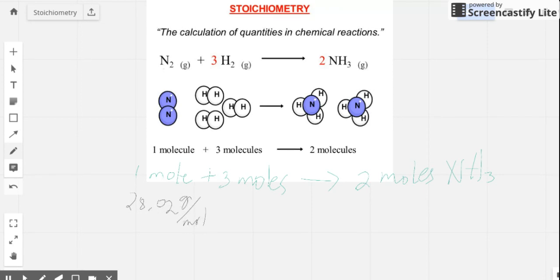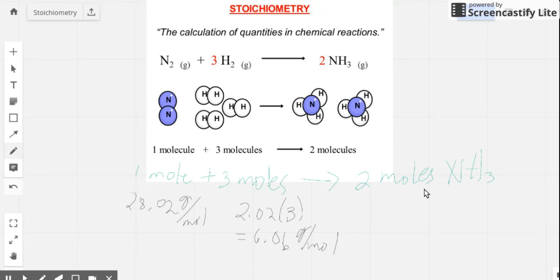So for 1 mole of N2, I need 28.02 grams. If I need 3 moles of H2 gas, how much should I measure? For every 1 mole of H2, that is 2.02. But there are 3 moles, so I multiply it by 3. That means I need to measure 6.06 grams of my H2 gas. That's the mass of my 3 moles.